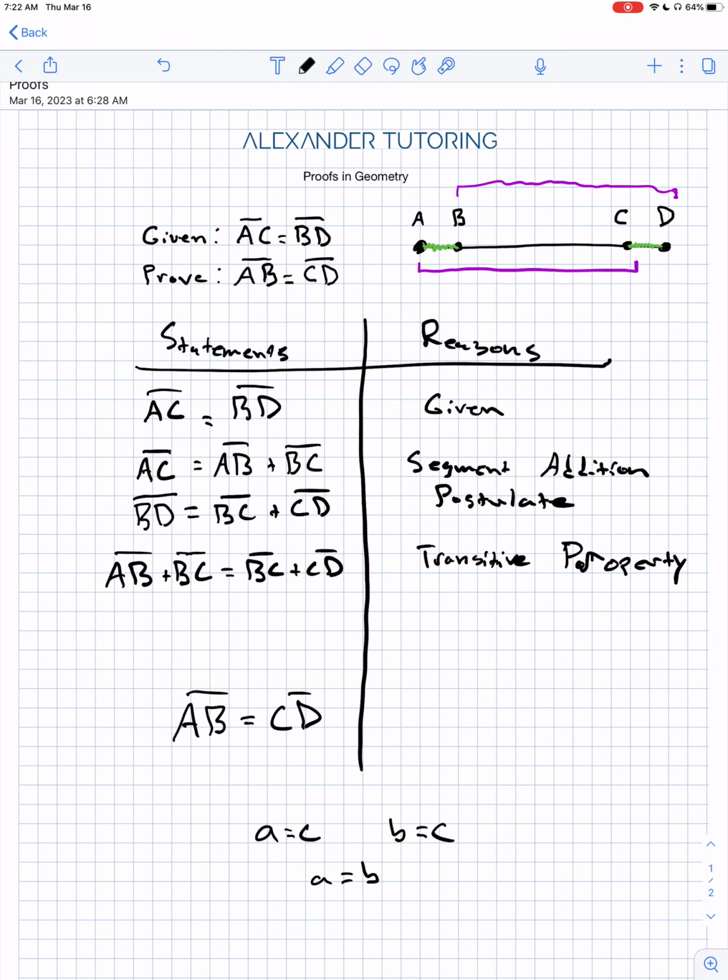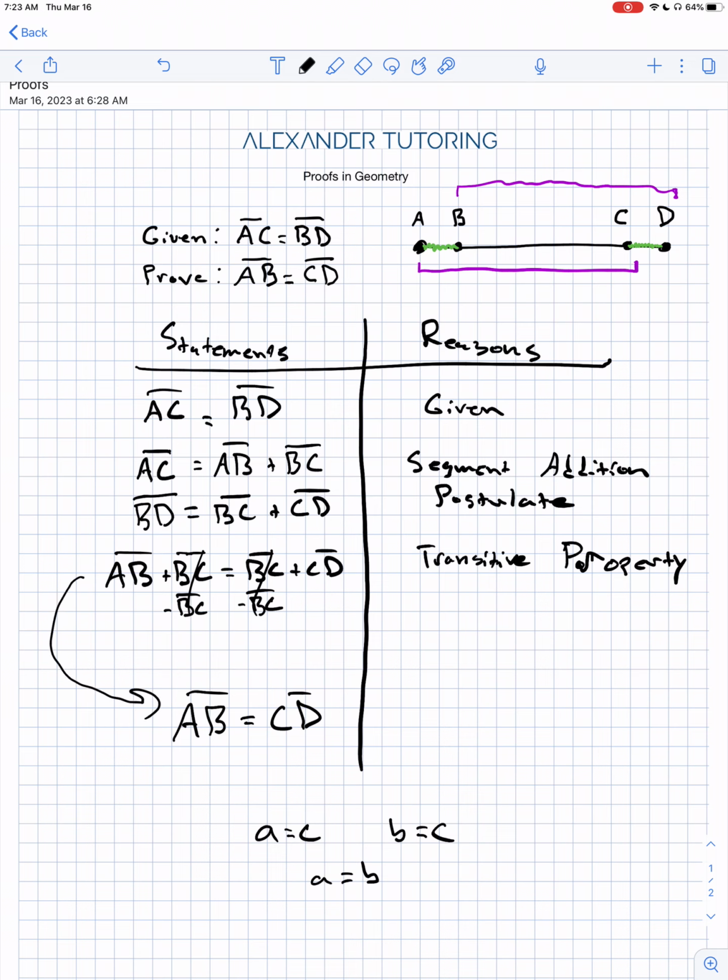Now check this out. There's a BC common to both sides of the equation. Well, if you think of it like an algebra equation, what happens? They cancel, or what's really happening? Well, if you think about it as subtracting BC from both sides, subtraction, right? That's what you do in algebra. What do we get? We get what we're trying to prove. Yay, AB is congruent to CD.